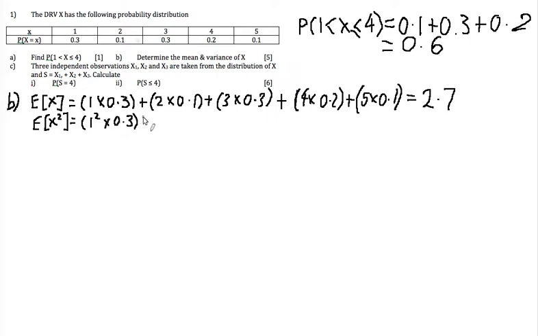So we get 1 squared times 0.3, 2 squared times 0.1, and you can just copy out the above line carefully, squaring that x value. So 3 squared, 4 squared, and then finally 5 squared times 0.1.